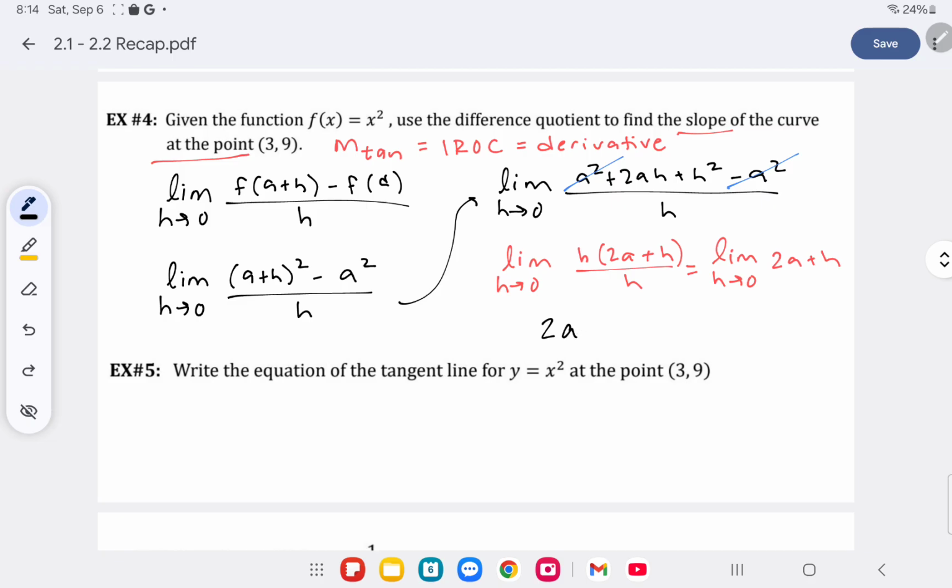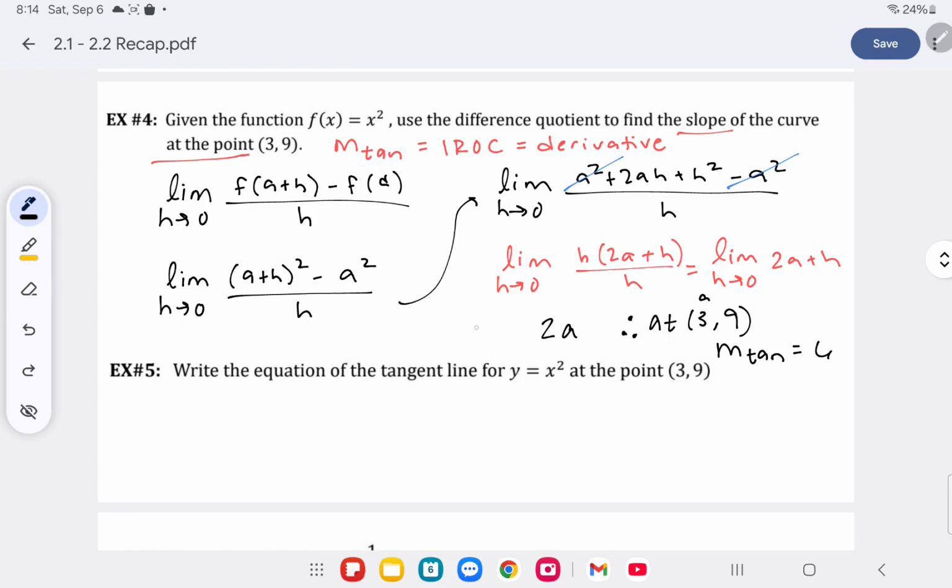And because we want it at the point 3, 9, (3 dots means therefore, by the way) therefore, at the point 3, 9, that means our a is 3. We're going to substitute 3 in there, and we get a slope of 6.